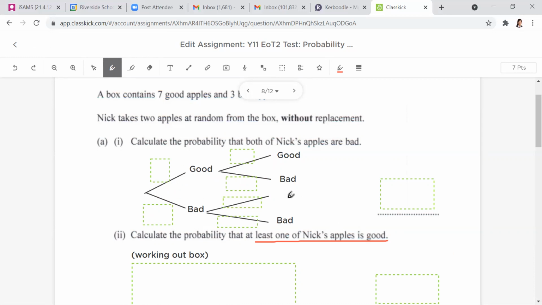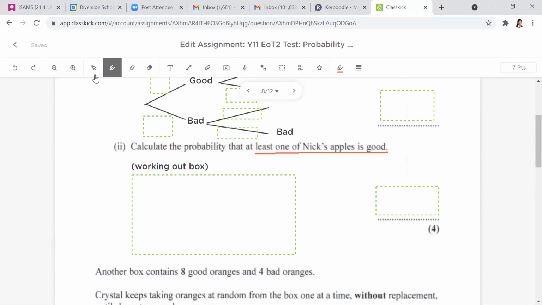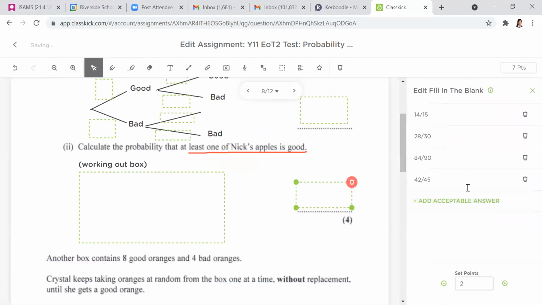You just got to do them separately and then add them at the end, the 3 outcomes. Or alternatively, I could have just done bad, bad, and then 1 minus that, right? The complementary probability. All of these 3 added together are the same as 1 minus the bad, bad outcome. Okay, so the answer here was going to be 14/15, or 28/30, 84 out of 90, 42 out of 45. Okay, so there are 3 outcomes to consider there. That's the trick. That was the trick.